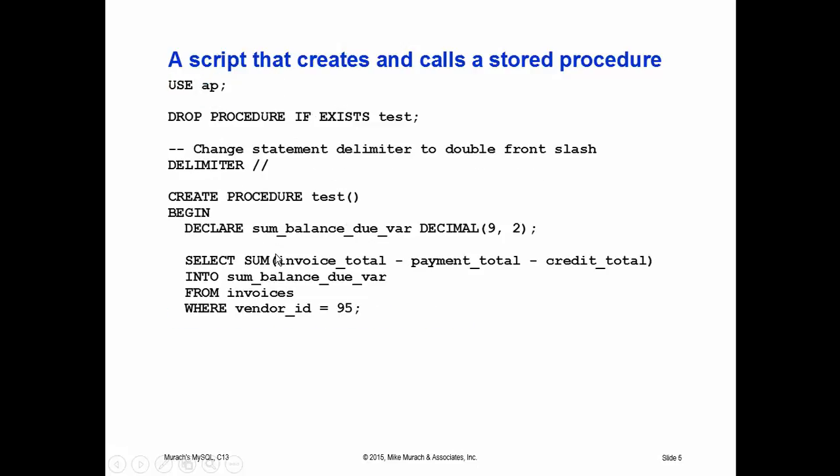Alright, so what we want to be able to do is use this procedure as though it was a command. And what I mean is we want to be able to do multiple things with this.